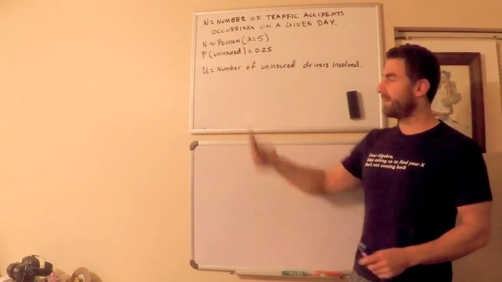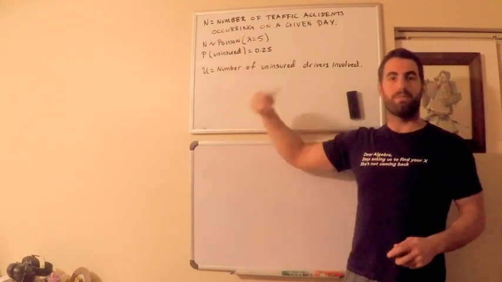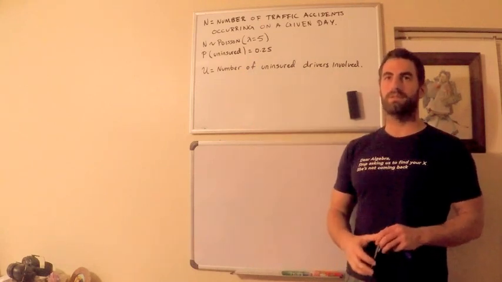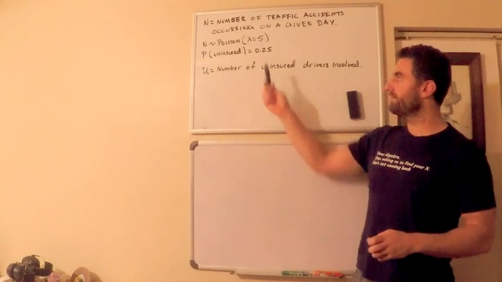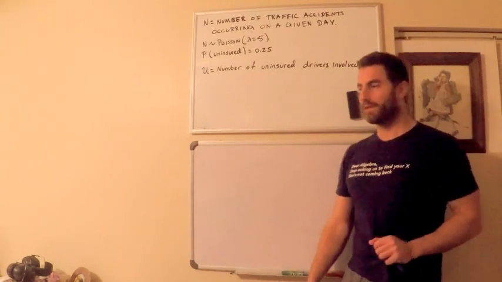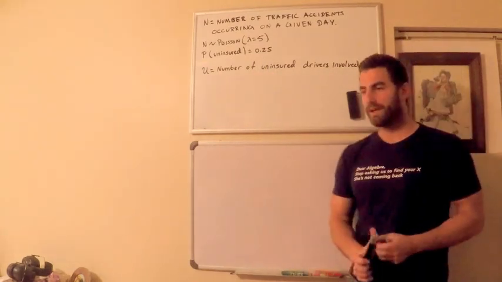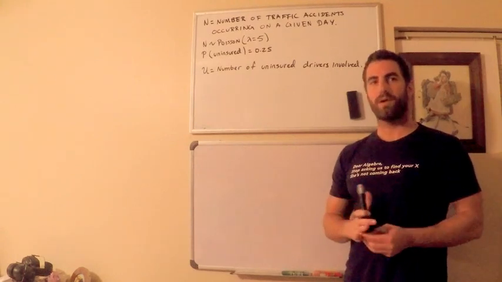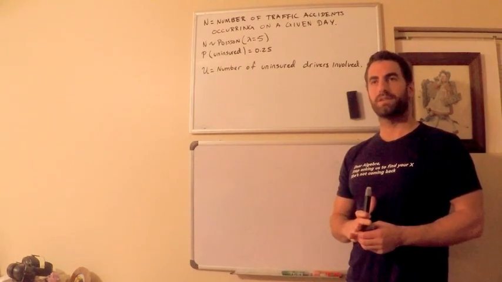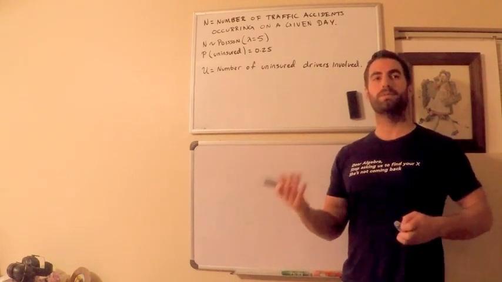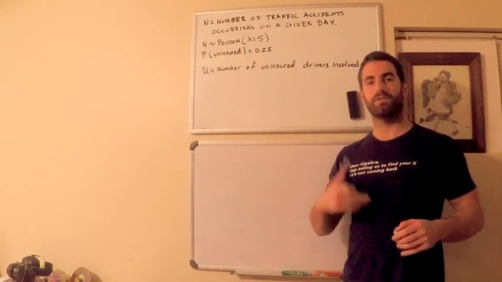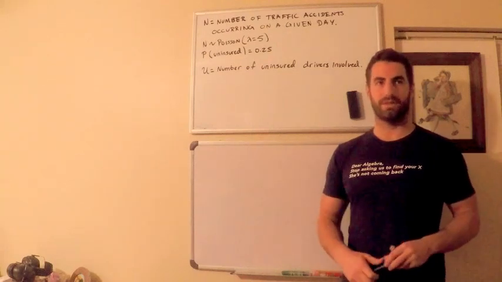They also tell me that if I have an accident, the probability that an individual involved is uninsured is 0.25. Now the question asks, what is the probability that there are 0 uninsured people involved in the accidents that day?